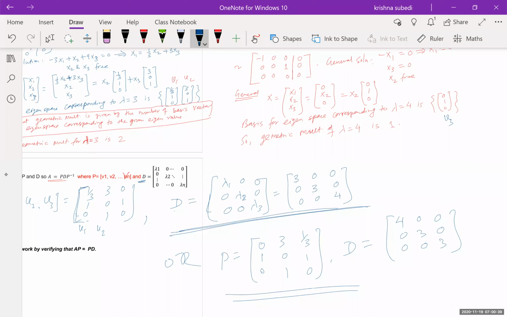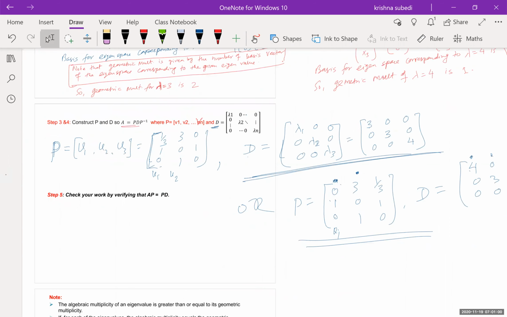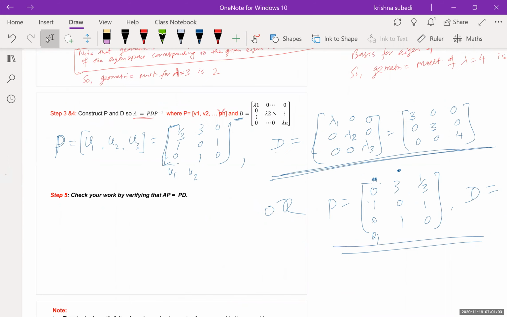If you write v1 as your basis for lambda equals 4, then you must write 4 first. The second vector is for lambda equal to 3, so 3, and so on. Make sense? Yes. Okay, now we are done. So we found that A is given by PDP inverse, where P is this matrix and D is this, or if you consider P as this and D as this one.